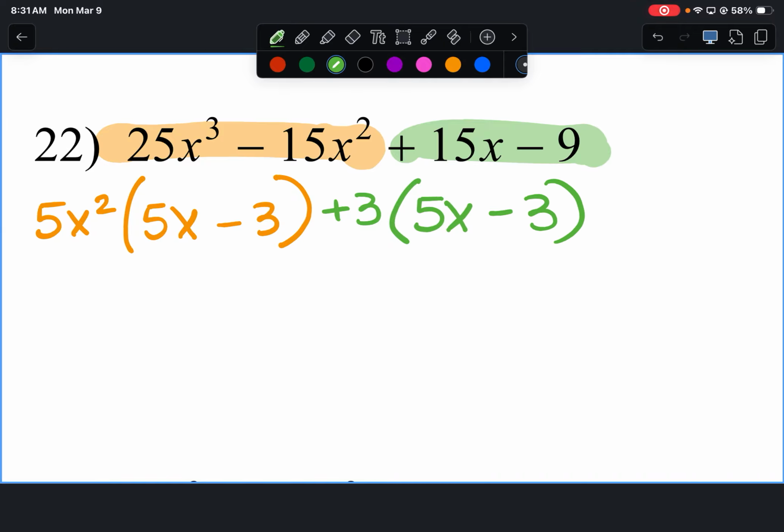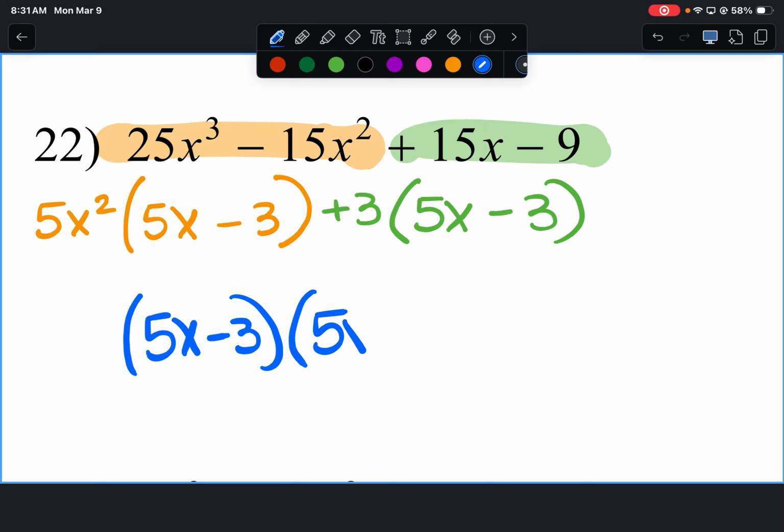What part is the same? What part's left over? And is there anything else I can do there? Nope. Okay, so we are done. That is our final answer for the factored form of this. For all factored questions, the directions will be factor each term completely.